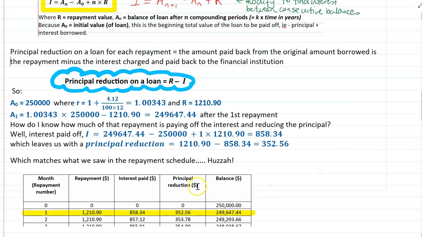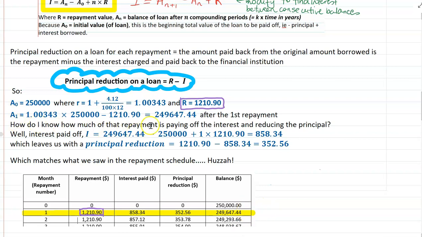So if we come back to the repayment schedule I had up there for that $250,000 loan, to work out this first repayment period, we know that the repayment amount is $1,210.90. So that's where that value comes from. The next thing we would work out is the balance remaining after we've made that repayment.